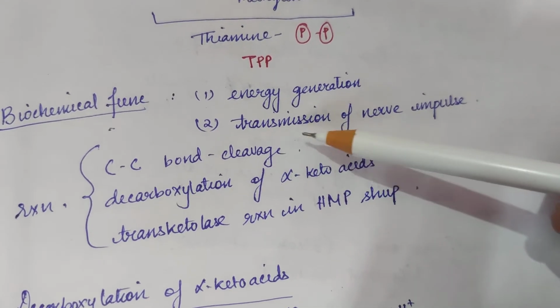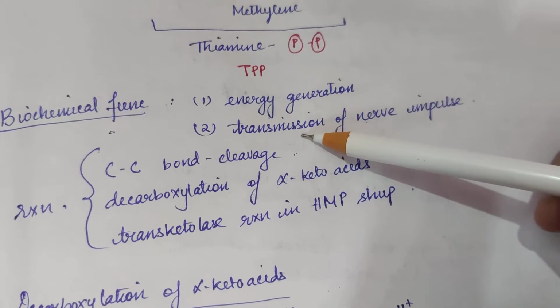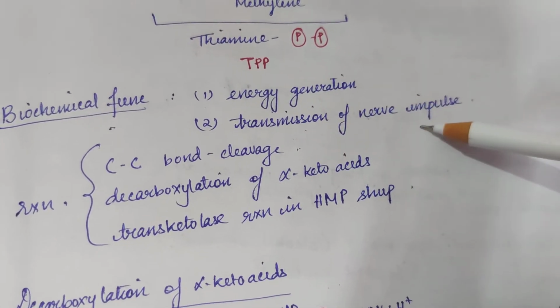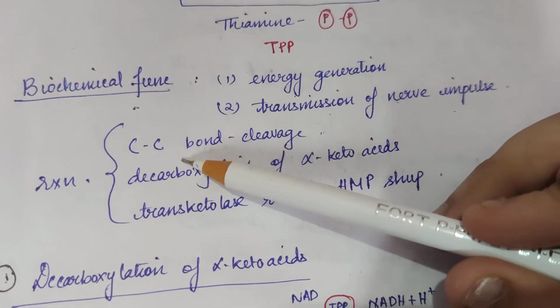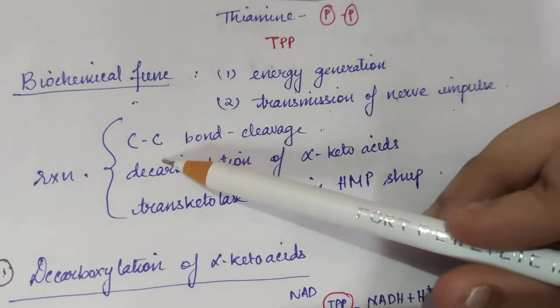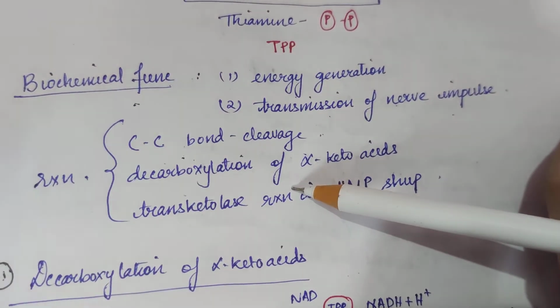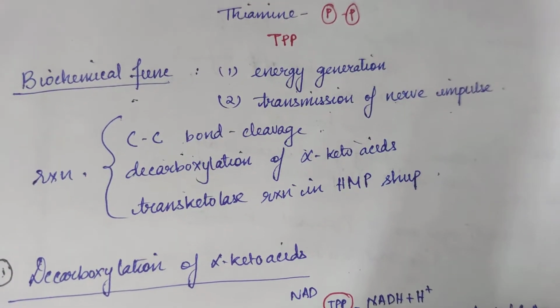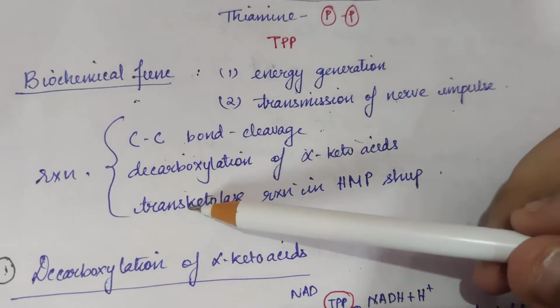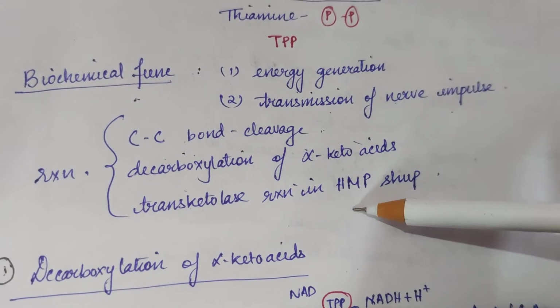It also has a function in the transmission of nerve impulses, and its main function is the cleavage of C-C bonds. So we'll also have decarboxylation, because CO2 is given out, and we have the transketolase reaction in the HMP shunt.